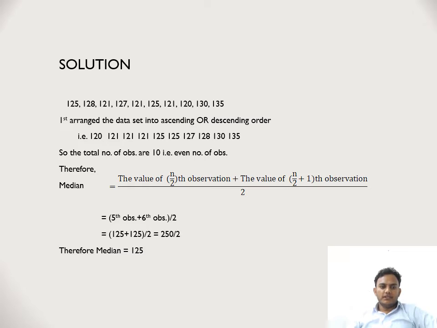So the 5th observation in the arranged data sequence is 125 plus the 6th observation is 125. So 125 plus 125 divided by 2, that is 250 by 2. Therefore, median is equal to 125.